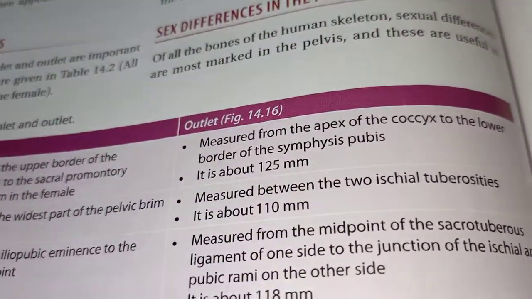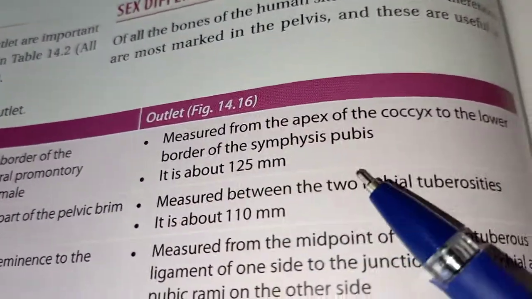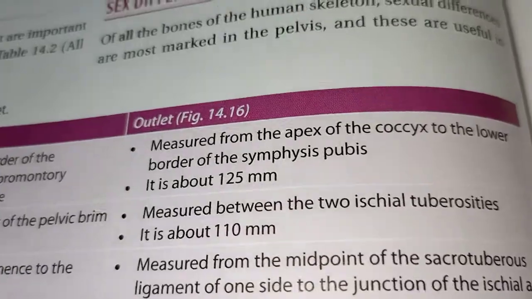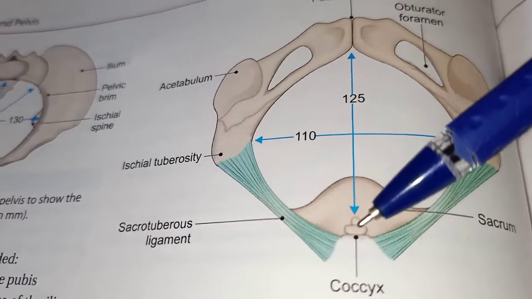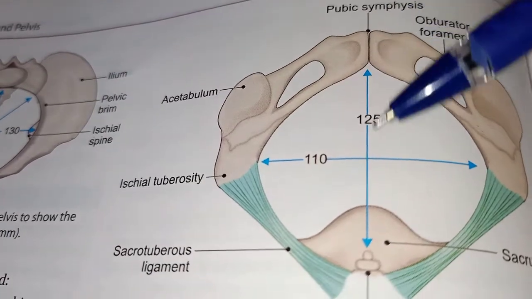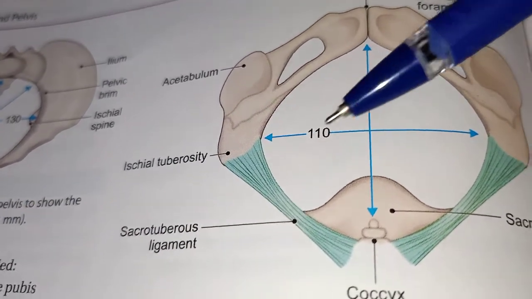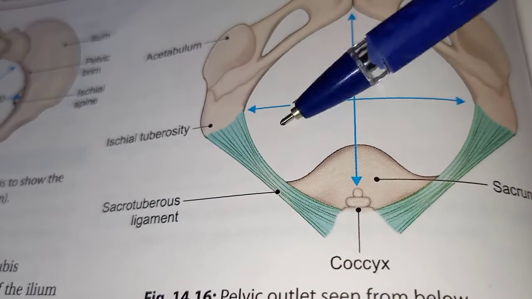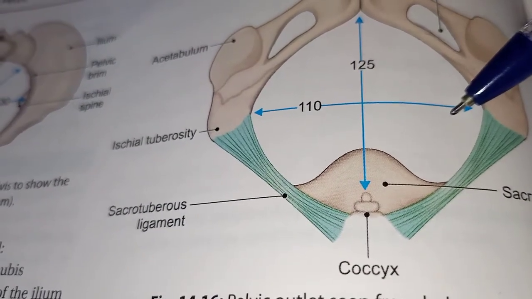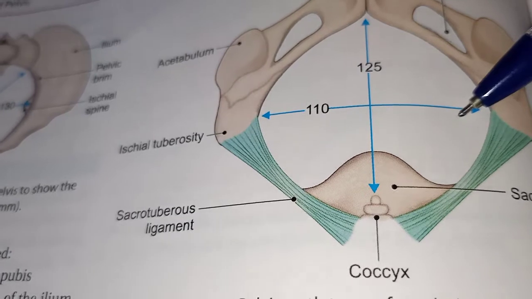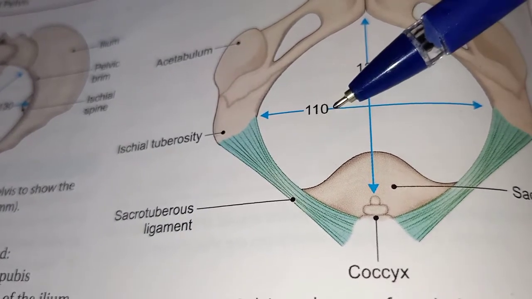Next, for the outlet, from the apex of the coccyx to the lower border of the pubis is the AP diameter, 125 mm. Between the two ischial tuberosities is the transverse diameter, which is 110 mm.